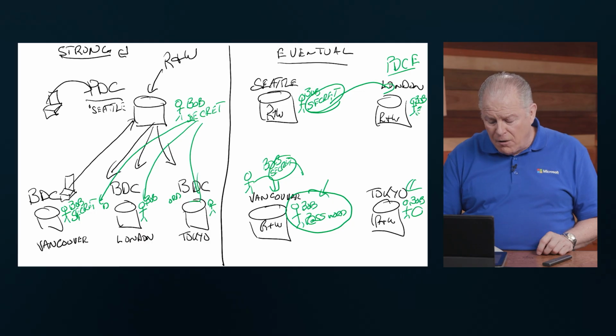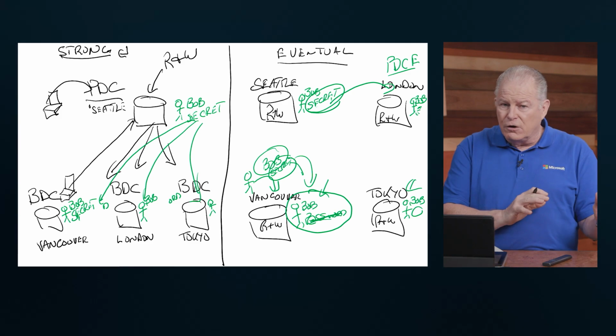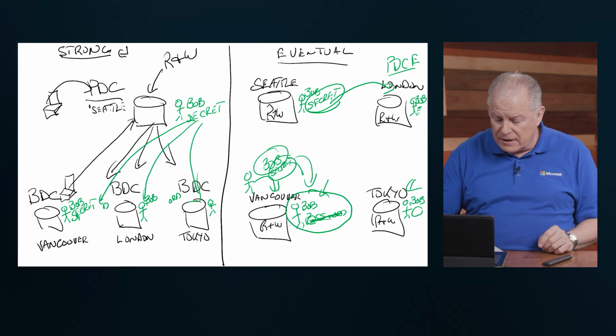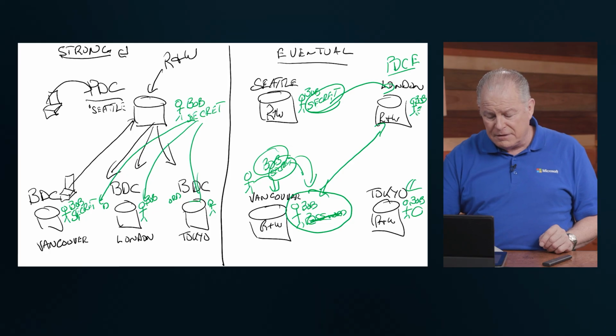So now Bob logging onto a Vancouver server, who had his password changed in a Seattle domain controller, goes to get authenticated by his Vancouver domain controller. It says, I don't see that information, but as opposed to telling you to go away because I don't have that information, I've been told to look for this thing called the PDC emulator, and it's going to get preferential replication.